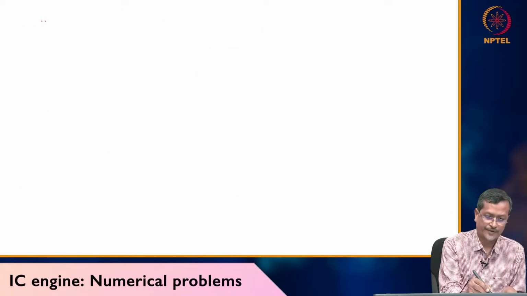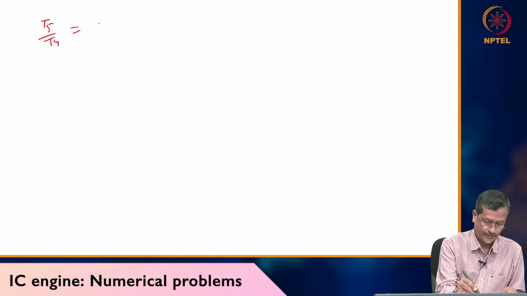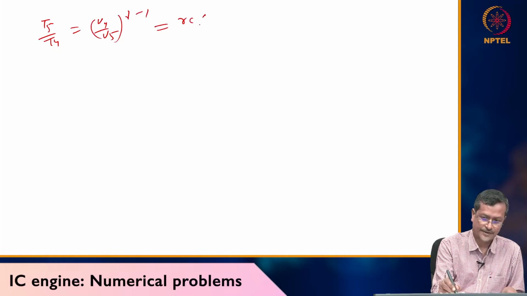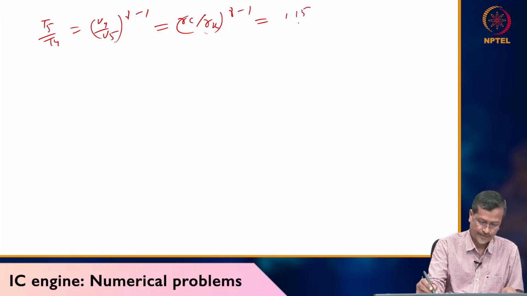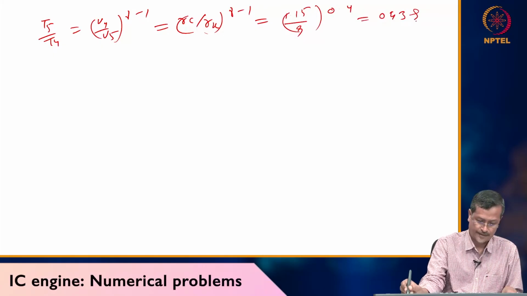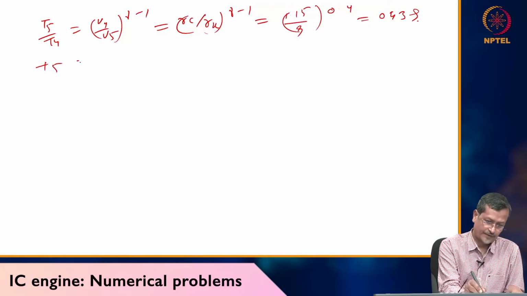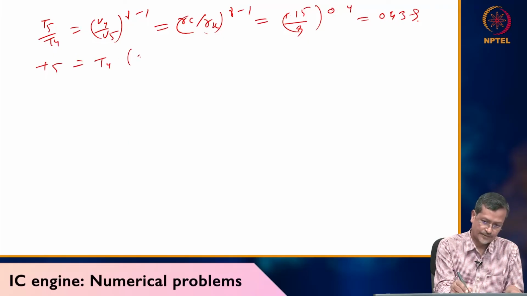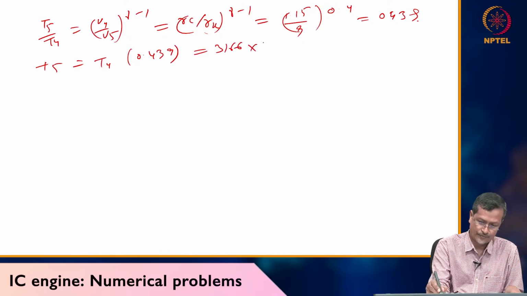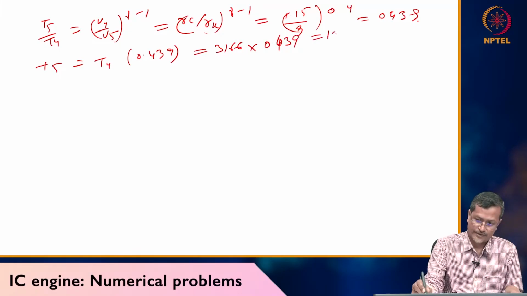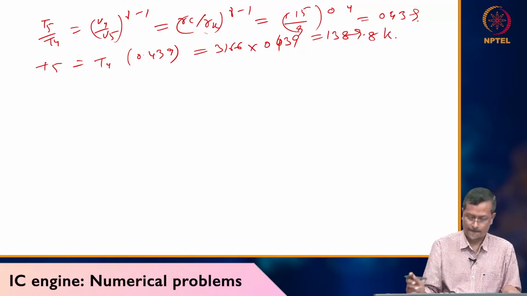Now T5 by T4 equals (V4 by V5) to the power gamma minus 1 equals (RC by R) to the power gamma minus 1, equals (1.15 by 9) to the power 0.4, equals 0.439. Now T5 equals T4 into 0.439, equals 3166 into 0.439, equals 1389.8 K.